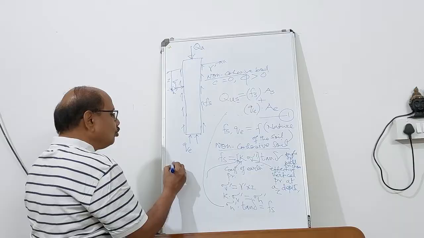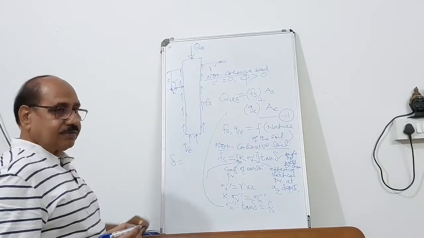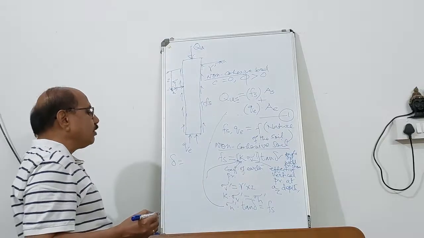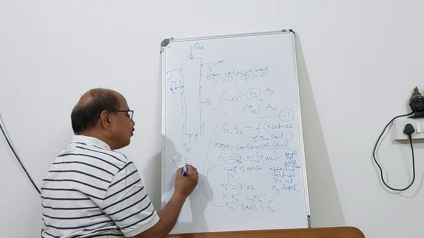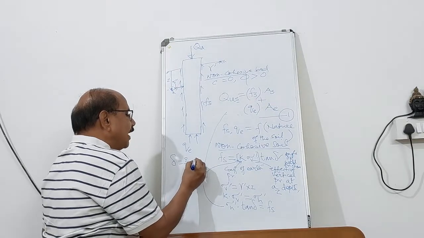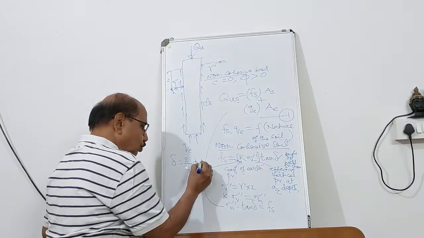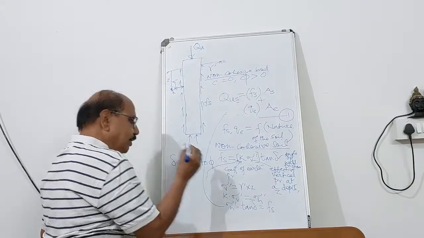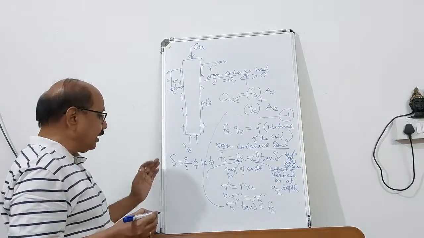So how will you find out delta? Depending upon the roughness of the surface, you can find out the value of delta, and the value is going to vary from 2/3 of the angle of friction phi to a maximum value of phi. If the surface is very rough, delta can be taken as phi.